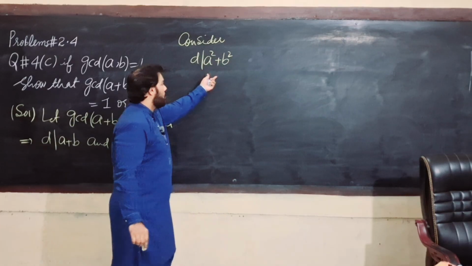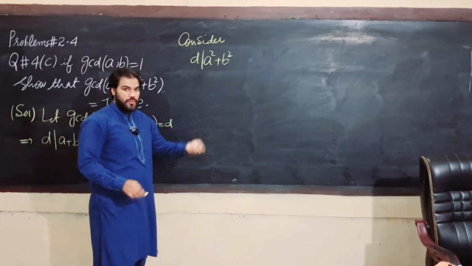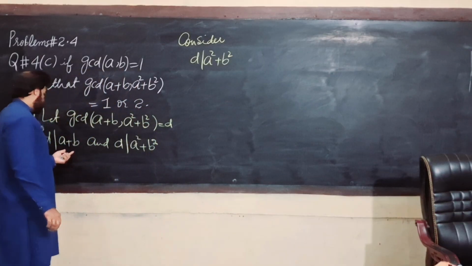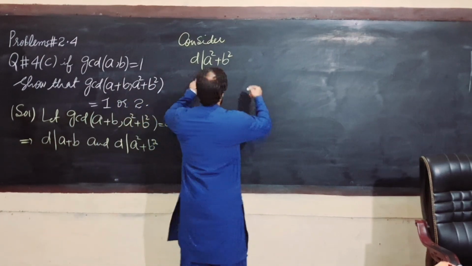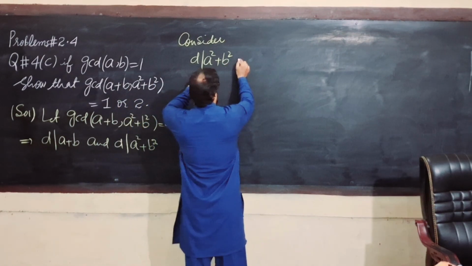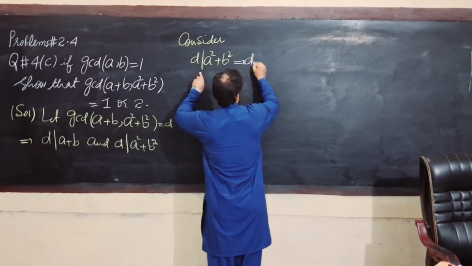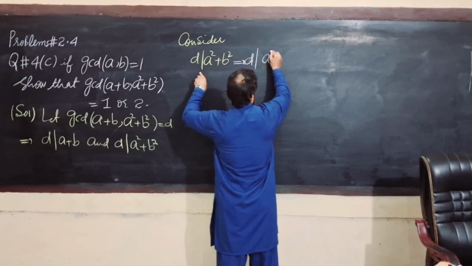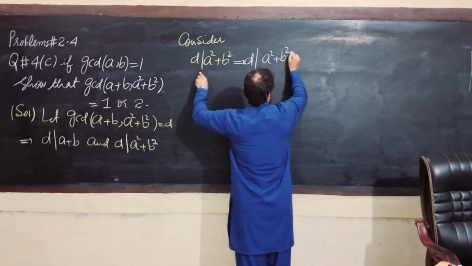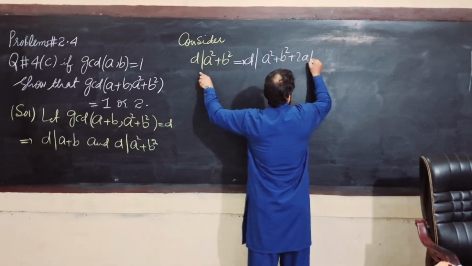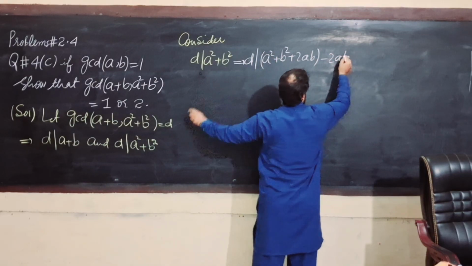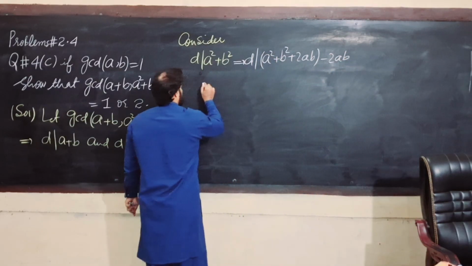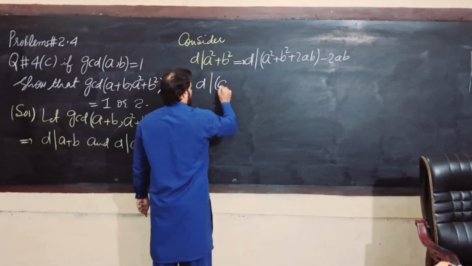I want to complete the square, so by adding and subtracting 2ab, we have D divides A square plus B square plus 2ab minus 2ab. This can be written as D divides (A plus B) whole square minus 2ab.